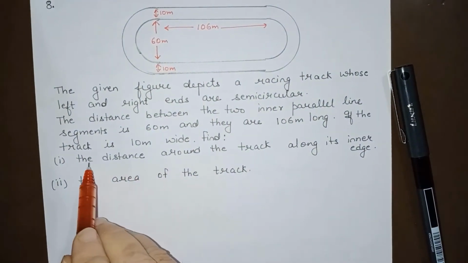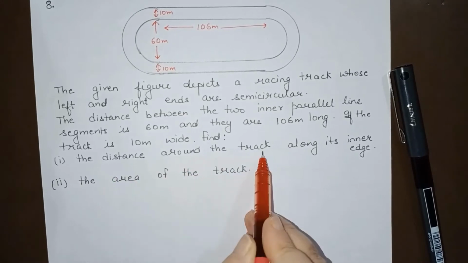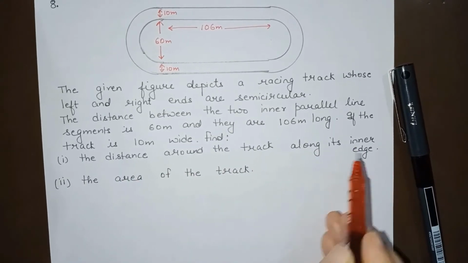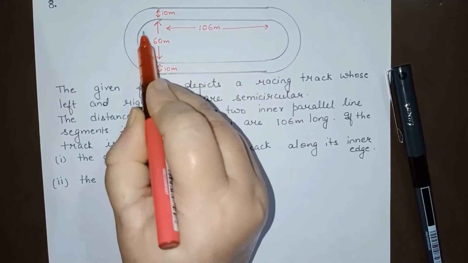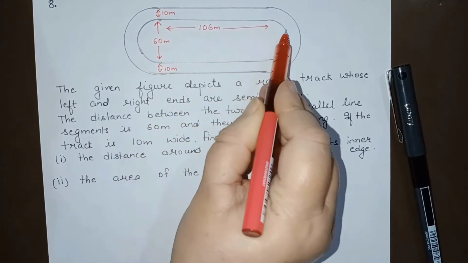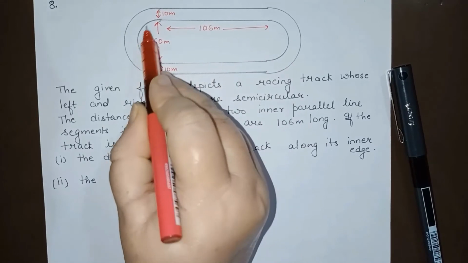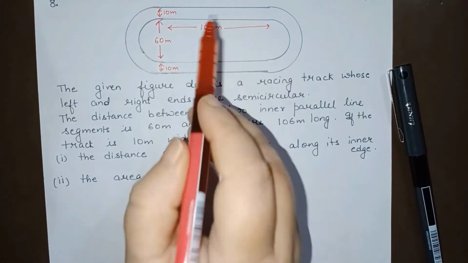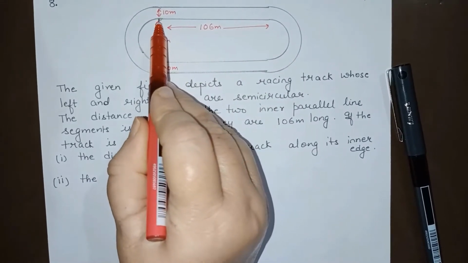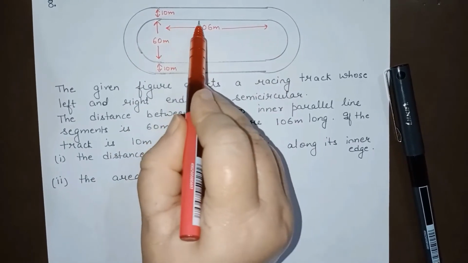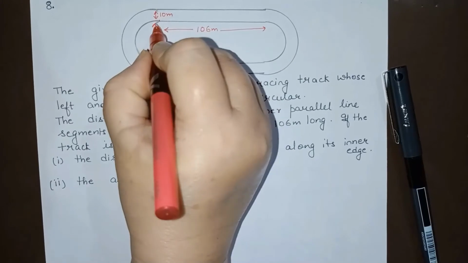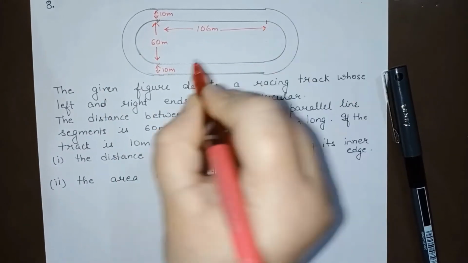So first of all, we have to find the distance around the track along its inner edge. This is the inner edge. So you have to find the total length of this inner edge. Now if you see it, there are two semicircles, and these are 106 each.